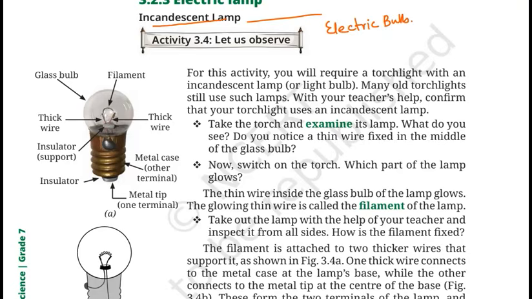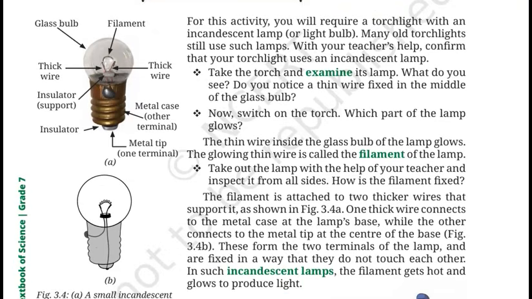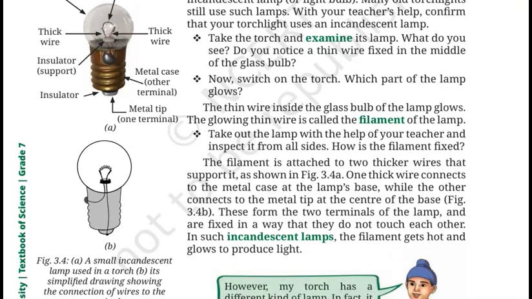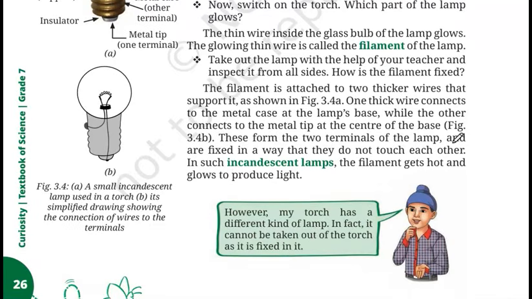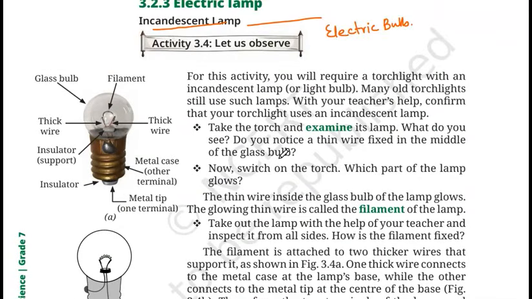So in figure 3.4a, we have a small incandescent lamp which is used in a torch. Okay, so this lamp is also used in a torch. In B, you have a simplified drawing that shows the connection of wires to the lamp or the terminals. Okay, so let us see them.